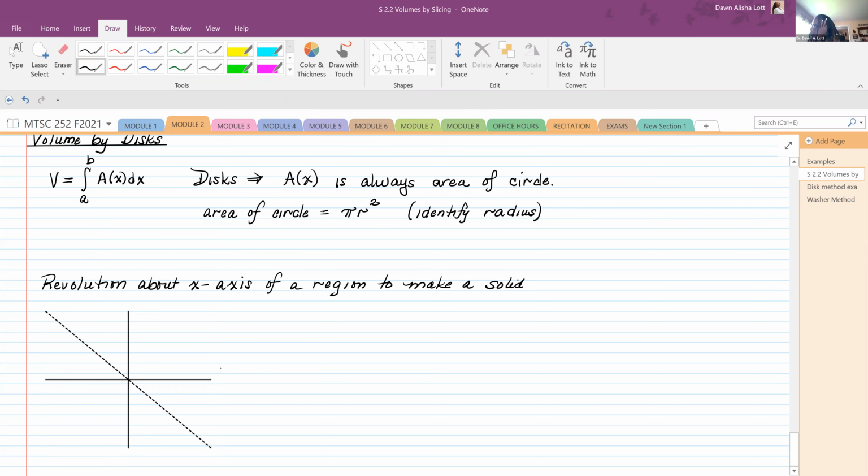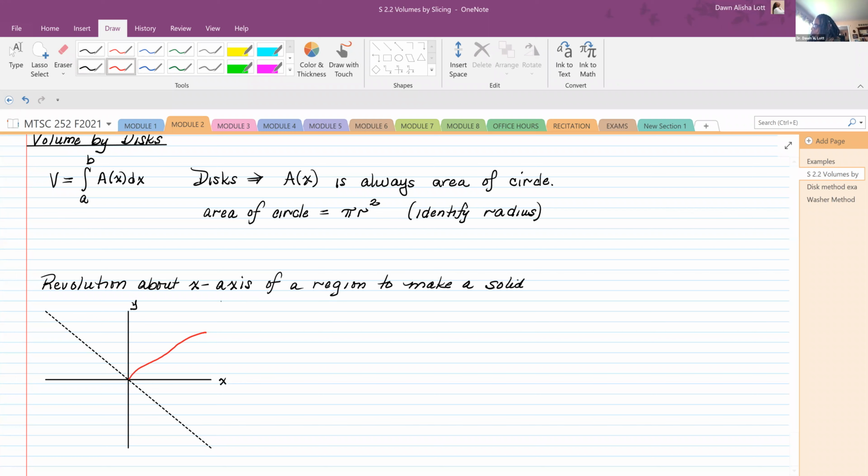So this is the x-axis, and this is the y-axis. And so here's my curve. My curve may look like this.